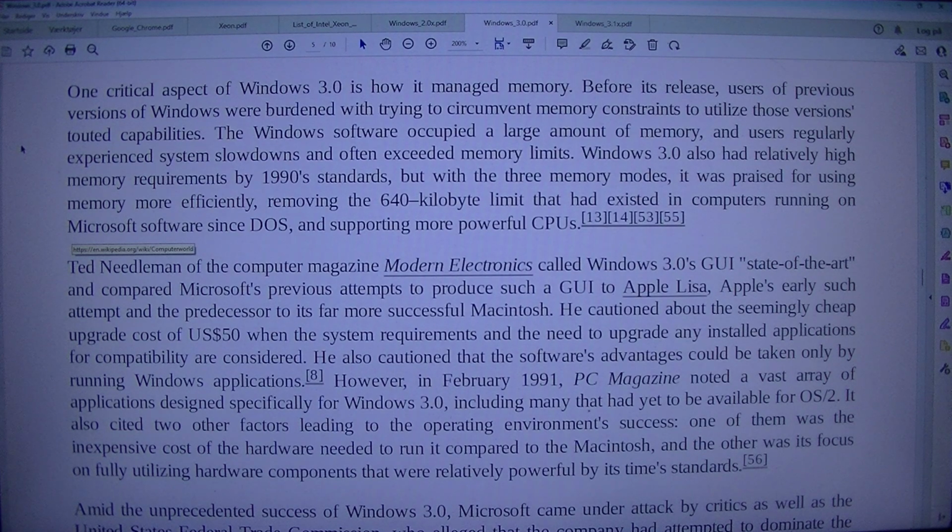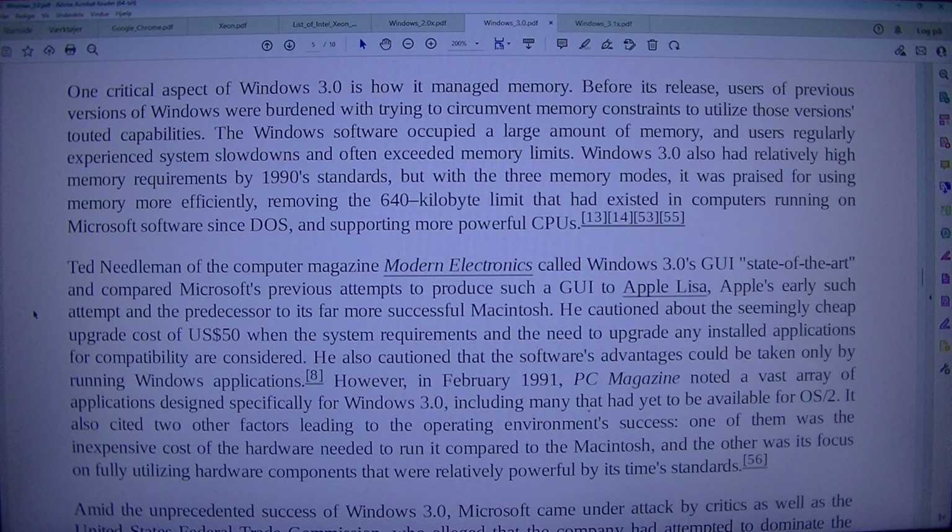Windows 3.0 also had relatively high memory requirements by 1990s standards, but with the 3 memory modes, it was praised for using memory more efficiently, removing the 640 kilobyte limit that had existed in computers running on Microsoft software since DOS, and supporting more powerful CPUs.